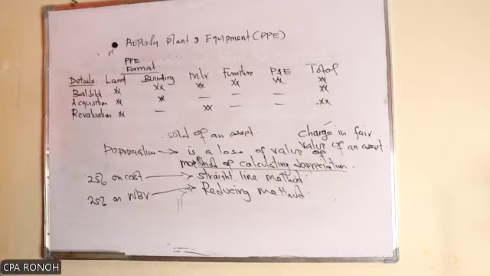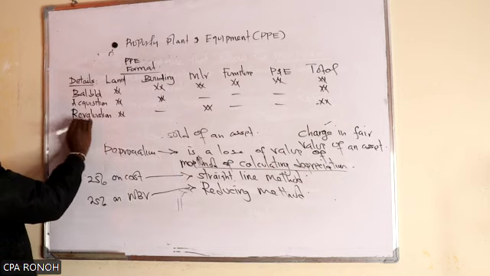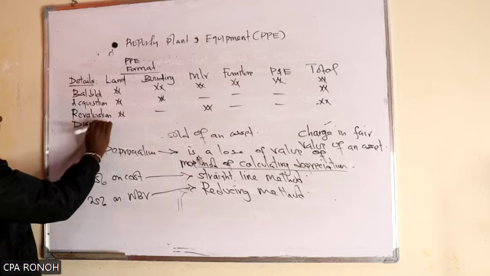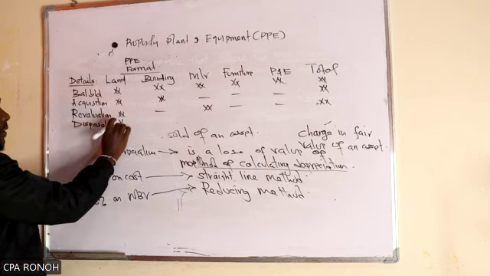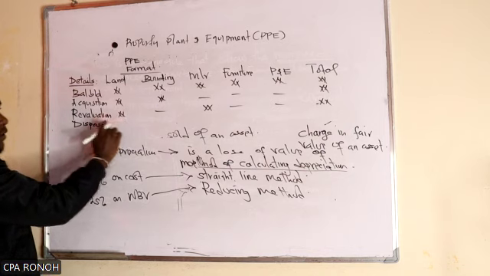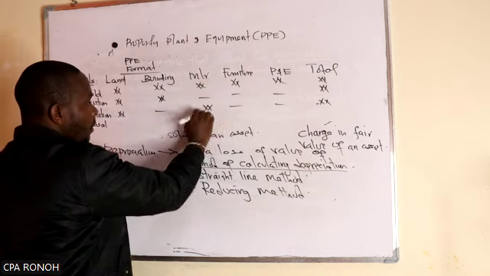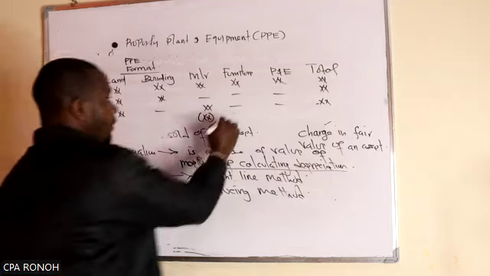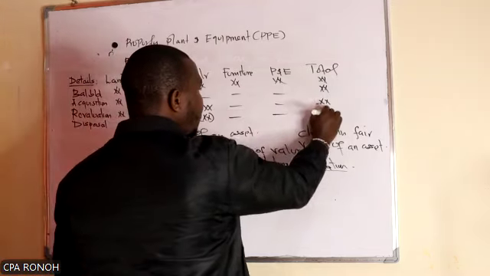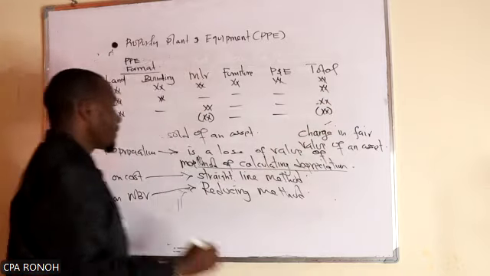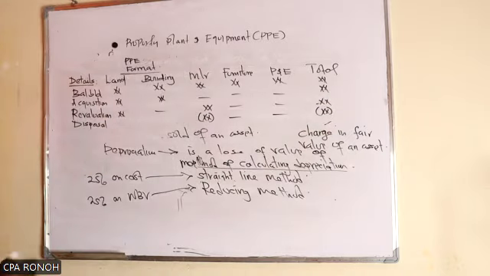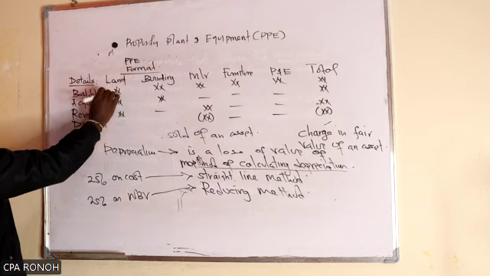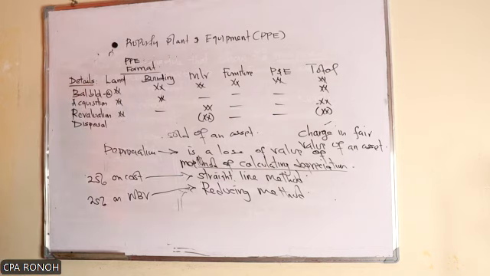And then disposal. So if there is any disposal, maybe we have disposed motor vehicle. So for disposal, you put a negative to show that we have disposed an asset. So this one we call A. Make sure to show it is A.